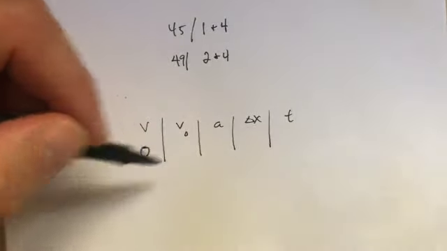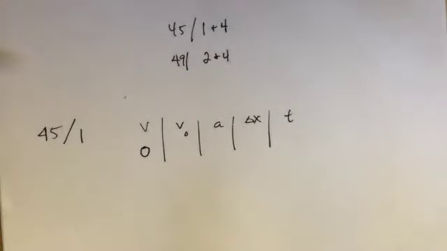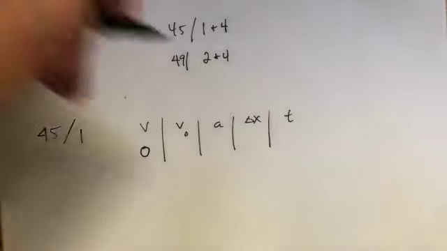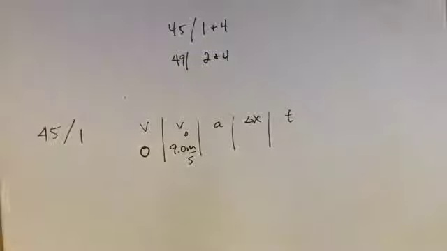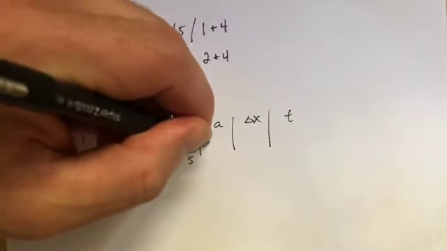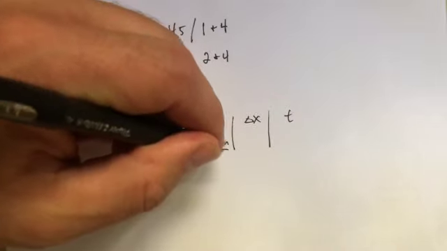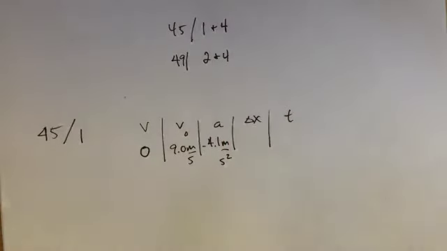Then V naught is our starting velocity. It says that it slowed from 9.0 meters per second to 0. So the initial was 9.0 meters per second. And it says that the acceleration in this case was negative 4.1 meters per second squared.